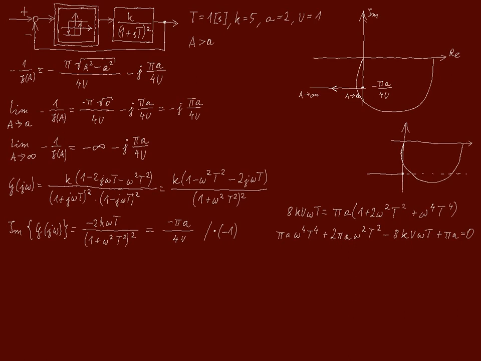Hence, the first condition is to equate the real part to 0 to obtain the intersection with the imaginary axis. And now the imaginary part must be below the graph of the describing function inverse.